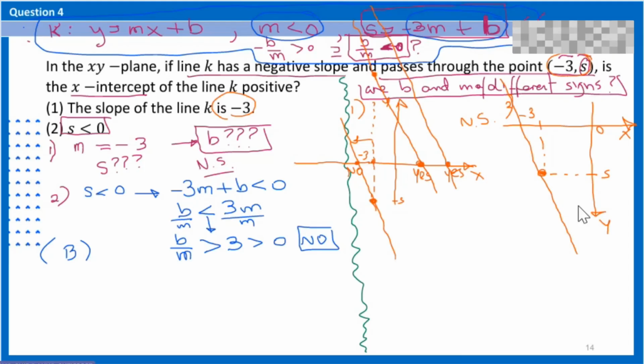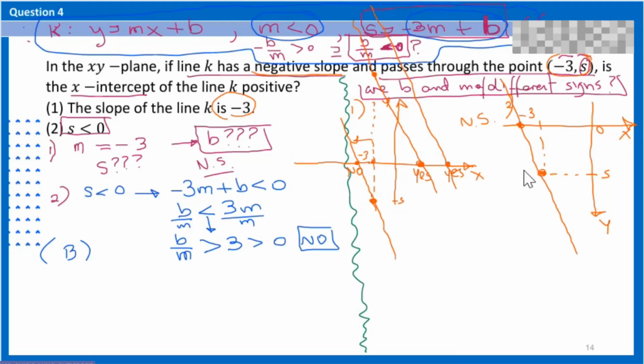A negative slope would always determine an x-intercept that will always be negative. Now, here we don't really know how negative the slope is. Remember, we don't need to look at statement 1. Statement 1 said that the slope was -3, but with information of statement 2 alone, we don't really know how negative K could be. So let's consider different degrees of negativity, all right?